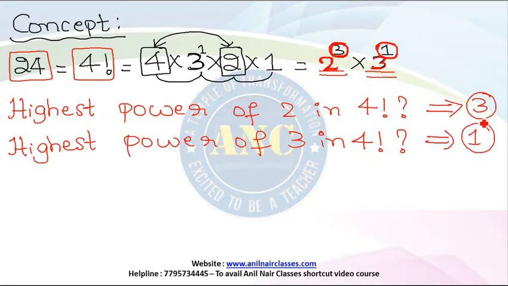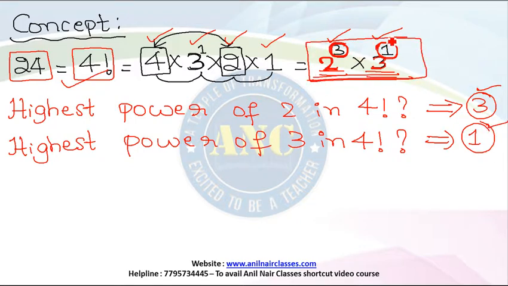Because 4 factorial is a very small number, you decomposed it as 4 into 3 into 2 into 1, and then easily wrote it as 2 cube into 3 power 1. Because it is a smaller number, you used this particular method and wrote the answer directly as 3 and 1, looking at this expression.